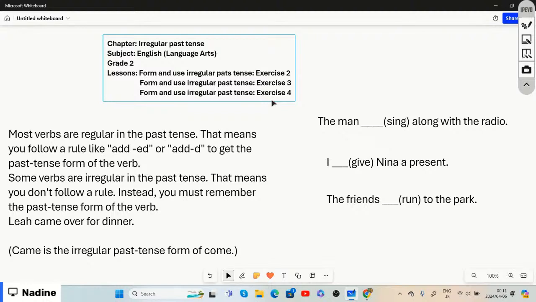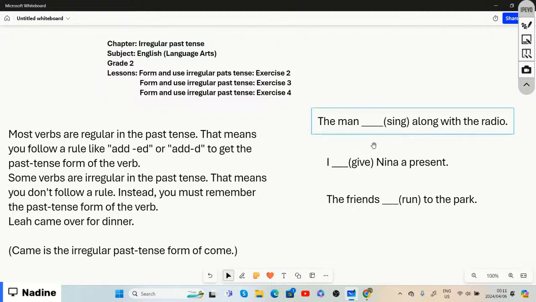It says the man sing along with the radio. In the past, what did he do? Did he also in the past sing?